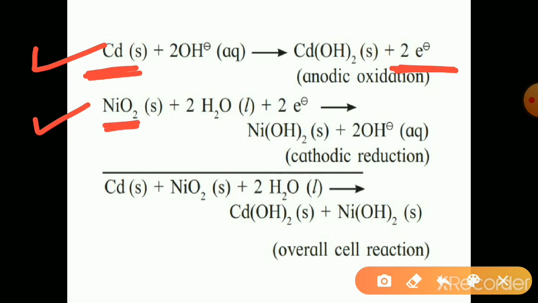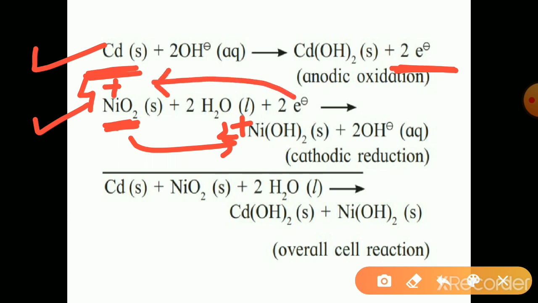So here nickel oxide is in +4 state. It converts to +2 state in the nickel hydroxide. So +4 has converted to +2 by gaining 2 electrons. So this is the reduction. Reduction takes place on the cathode. Oxidation takes place on the anode.